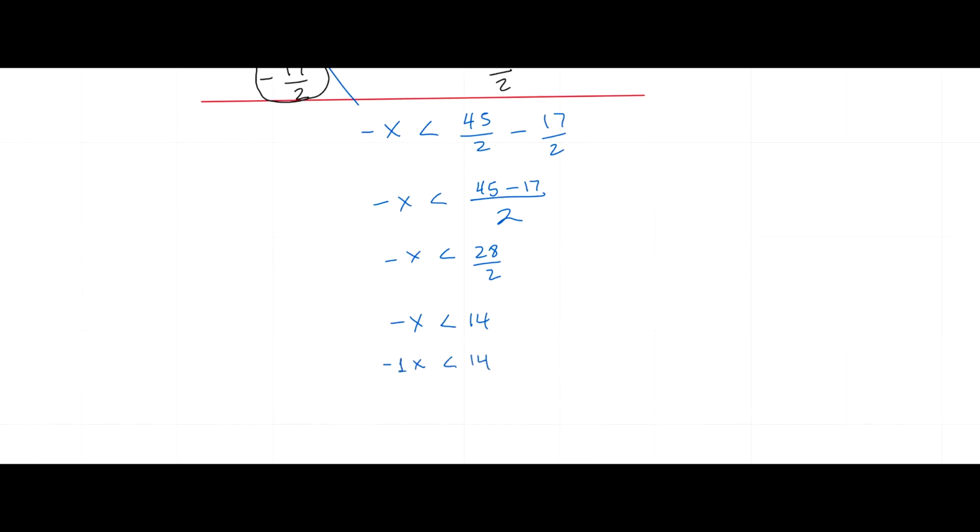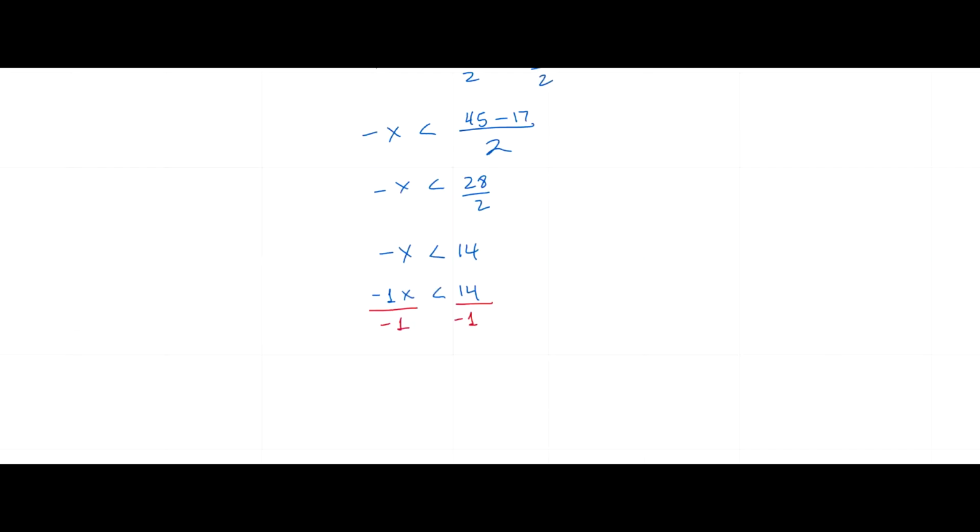In order to cancel the -1 that is multiplying x, we are going to divide both sides of the inequality by the number -1, and we are going to reverse the inequality sign again because we gotta flip it, okay? It's gonna be x less than -14. And this is gonna be our solution for the number 6.